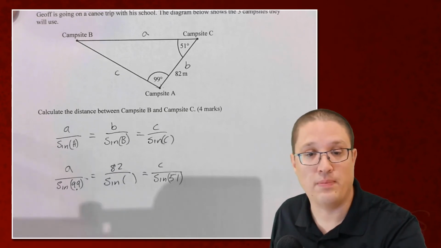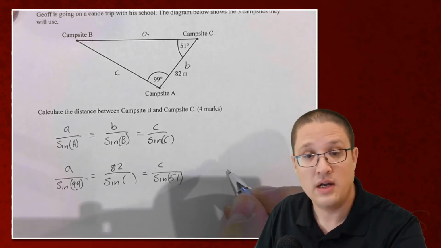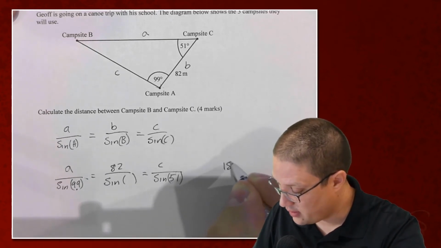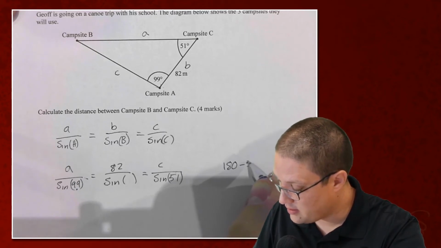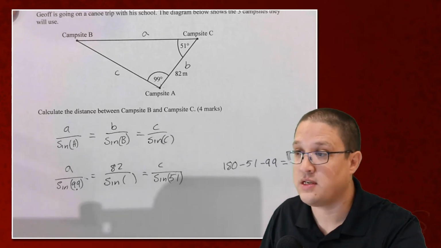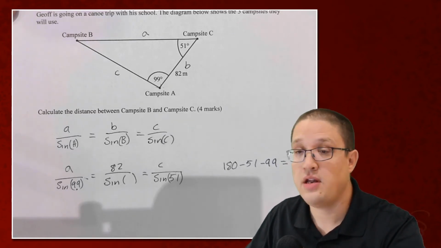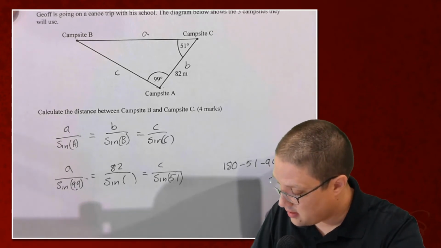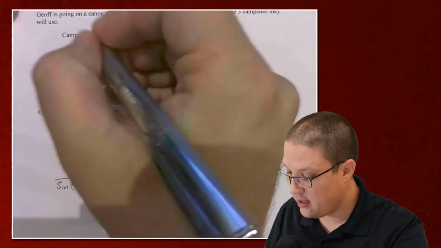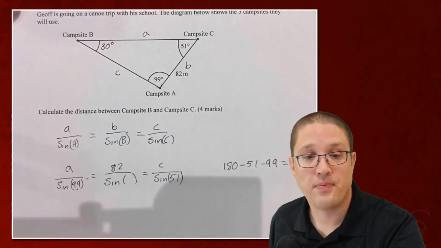I don't have angle B. But because this is a triangle, I can use my 180 rule to figure out that one. So I can go 180 minus 51 minus 99, and that works out to 30 degrees for angle B here. So I'm going to write that in, 30 degrees.